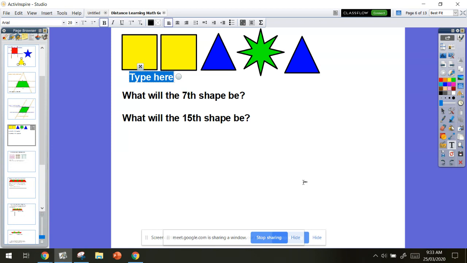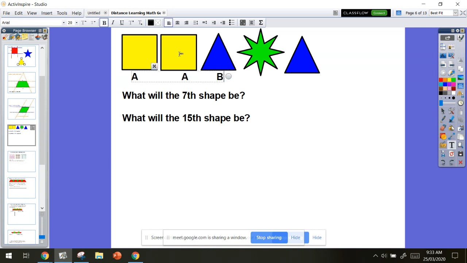What will the seventh shape be? Before we go to the seventh shape, let's figure out what this pattern is. So what letter do we start with? Square, triangle... Okay, so we start with A. If this is A, what does this need to be? A. Okay, and then Andrew, what will this be?